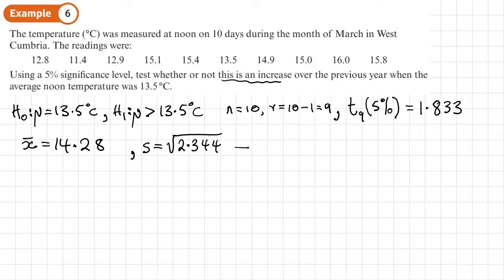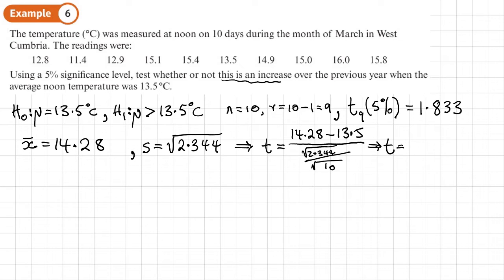So now we'll work out our t-value, basically convert it into a t-value, which is going to be my sample mean, 14.28, minus the population mean, which is 13.5, or the previous year, divided by the sample standard deviation, divided by the square root of the sample size, which is 10. Let's see what that gives us for t.